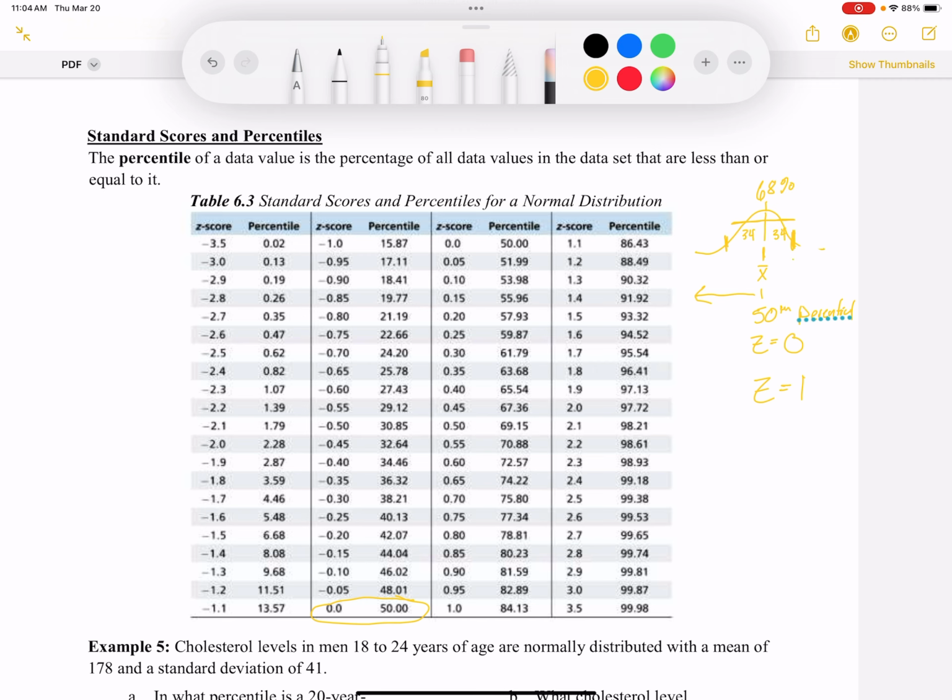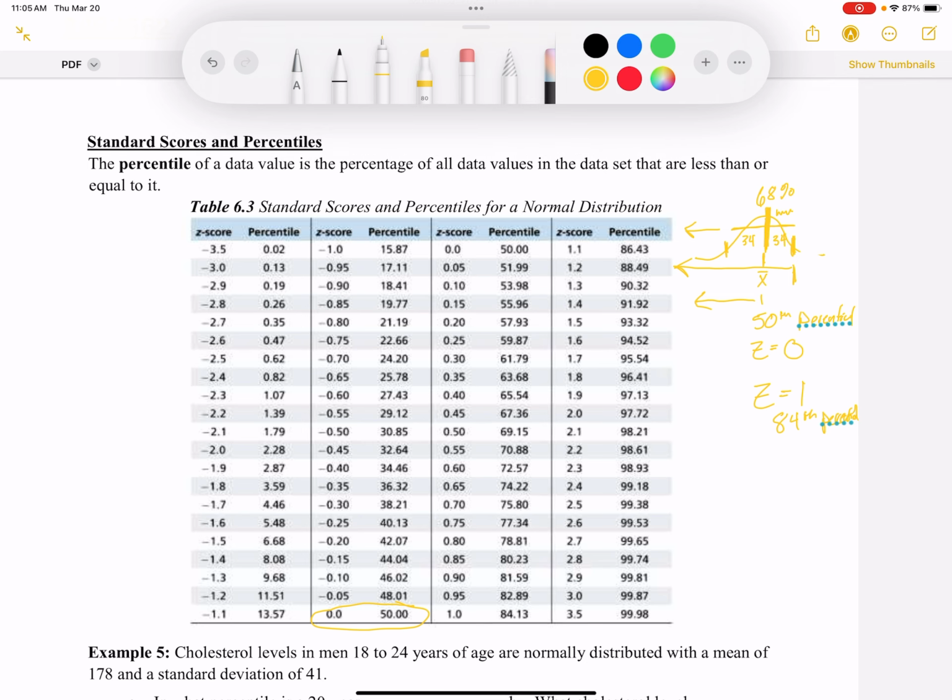If I'm 1 standard deviation above the mean, then all the data that's below me would be 50%, half, right? This half, and then plus 34%. So a z-score of 1 means you're in the 84th percentile. That means 84% of the data lies below that, right?